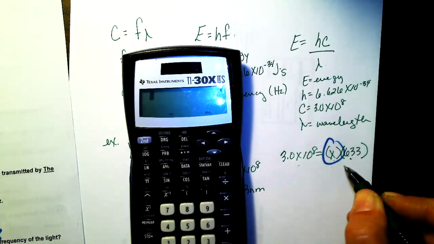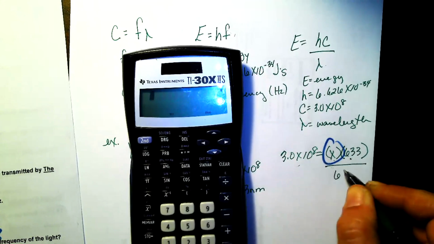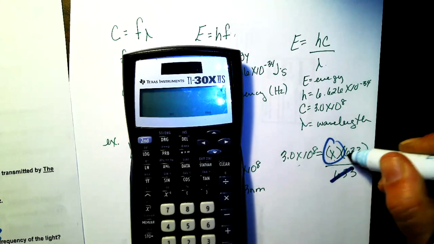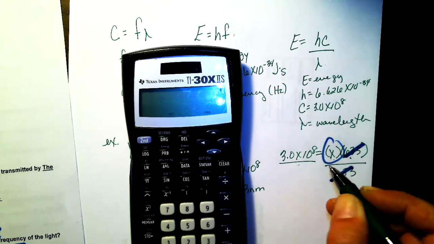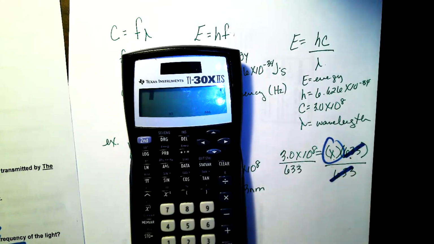The opposite of multiplication is division. So we're going to divide by 633 so that these cancel. But whatever you do to one side, you have to do to the other. So we're going to divide the other side also by 633. And then you're just plugging into your calculator after that.